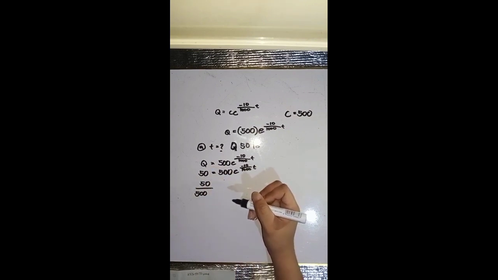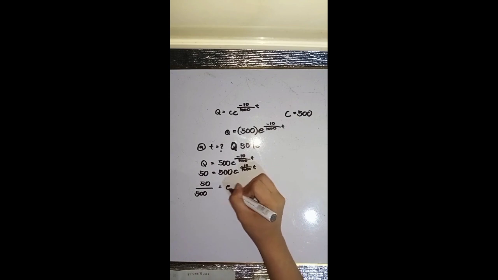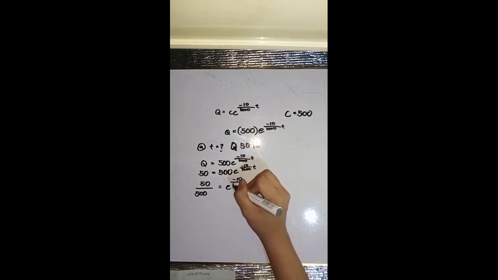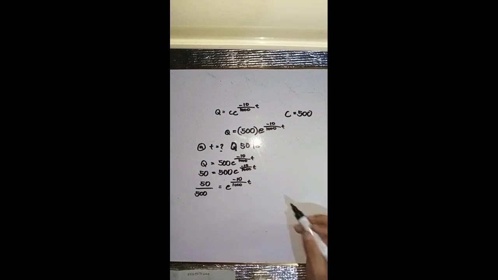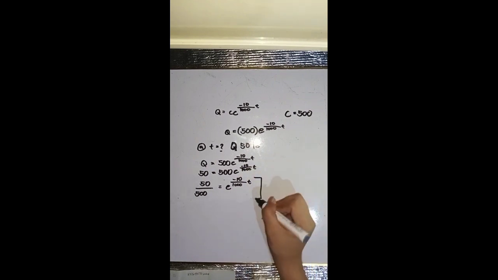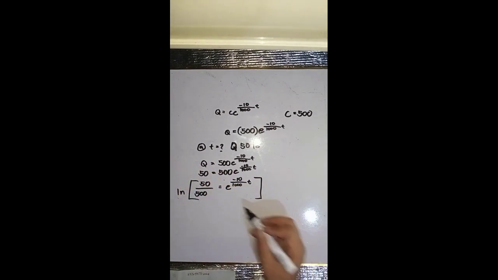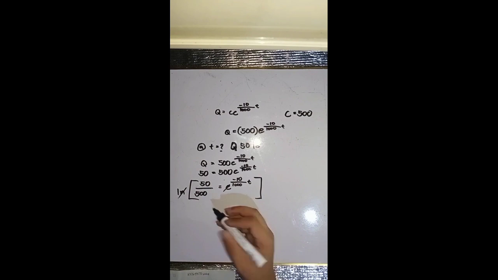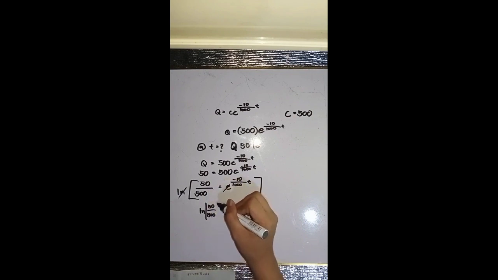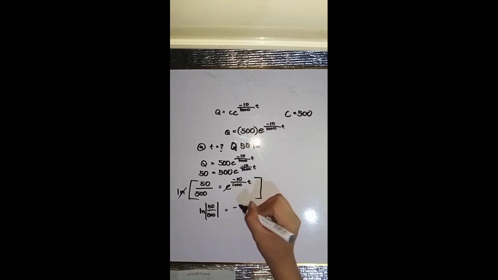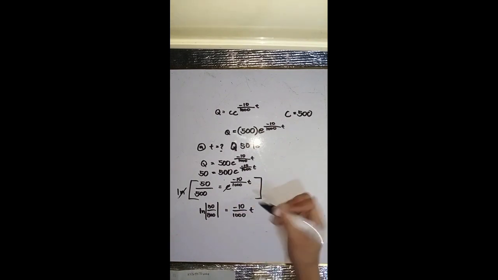So 50 over 500 equals e raised to the power of negative 10 over 1000 T. Now we will take the ln of both sides in order to cancel out the e. So the remaining value will be ln of 50 over 500 equal to negative 10 over 1000 T.